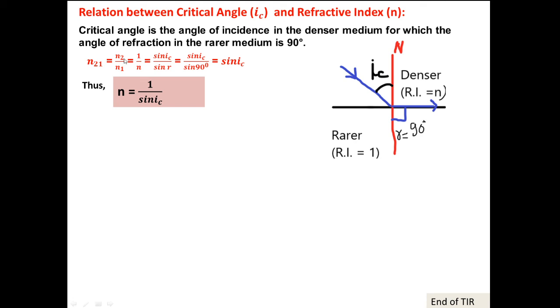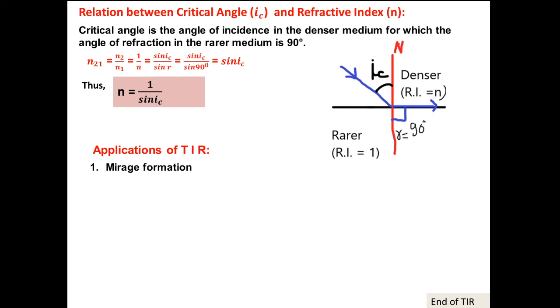So we can write n2 by n1 is 1 by n, and it is sin iC by sin r. What is r here? 90 degrees. So 1 by n equals sin iC, or n equals 1 by sin iC. It is the relation between the critical angle and refractive index.